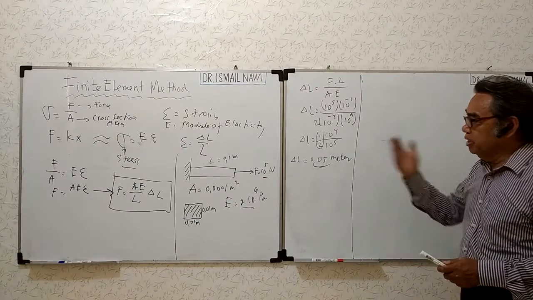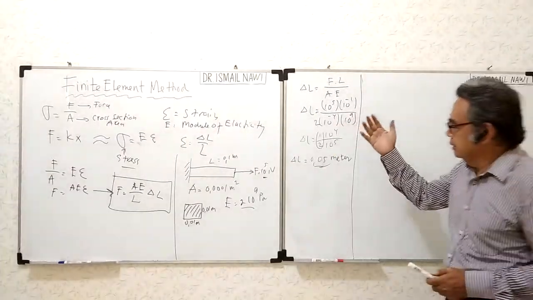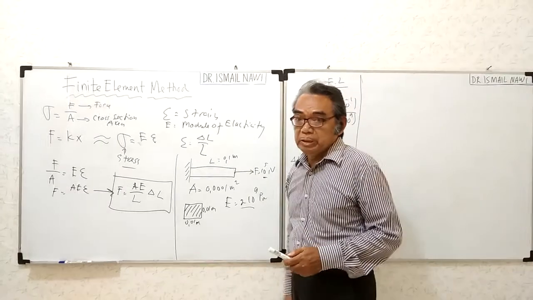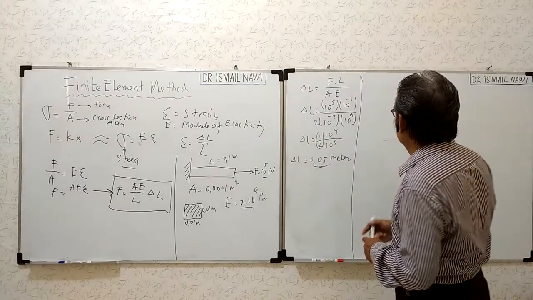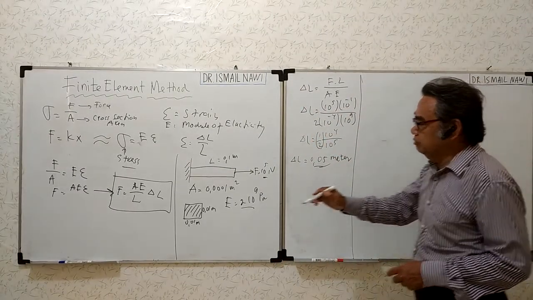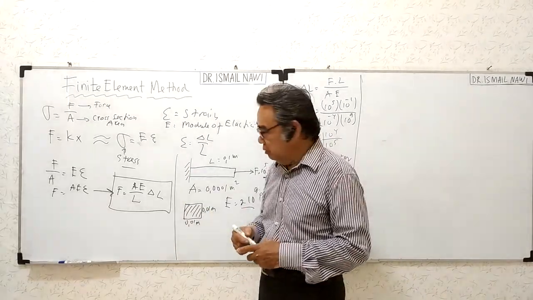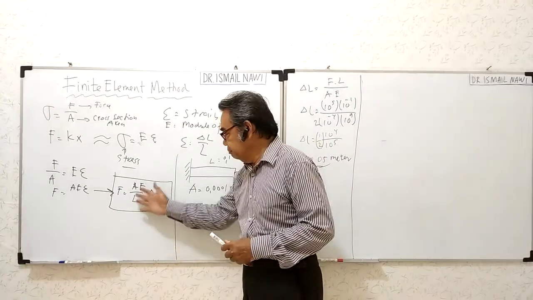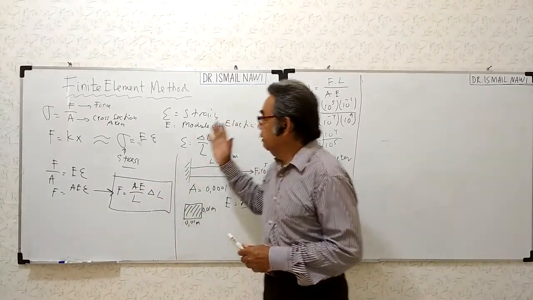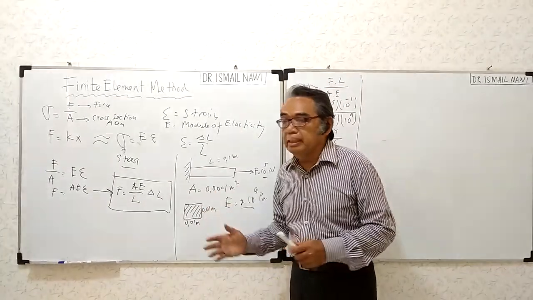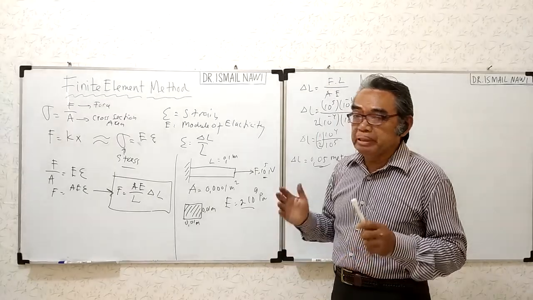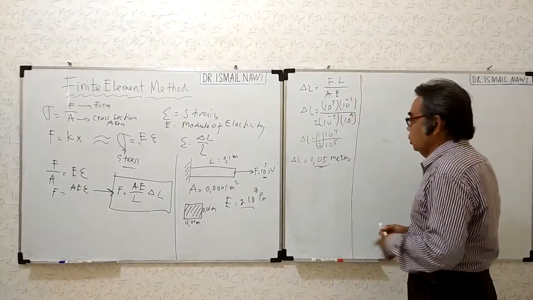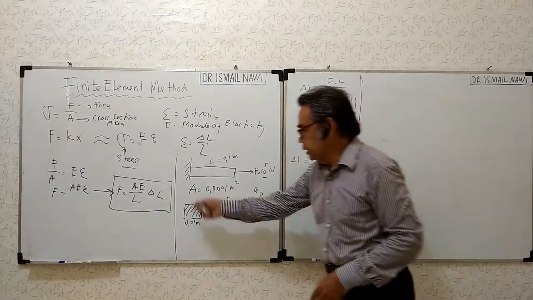But if we try to calculate this problem using finite element, it's very easy. So we convert this formula to matrix multiplication, because in finite element we will see more about matrix operations. So how do we write this in matrix operation in finite element?